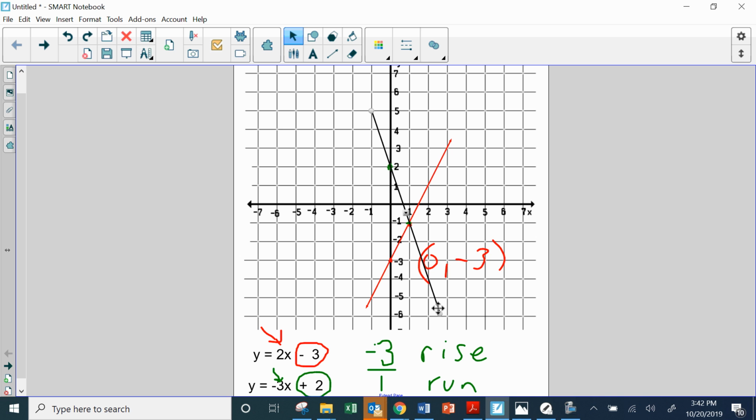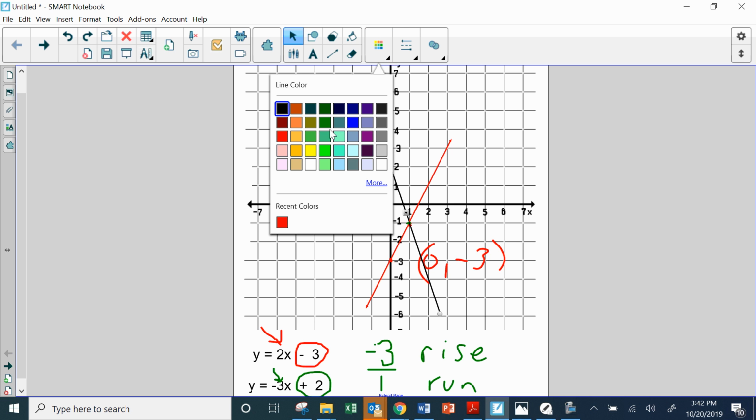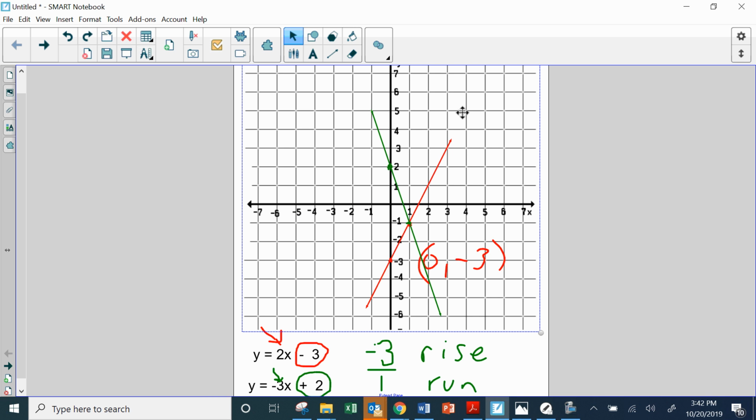So now I just need to change the color to green. And now I've drawn both lines. As I said, where they cross is going to be the solution, and they cross right there at 1, -1, because the x value comes first.